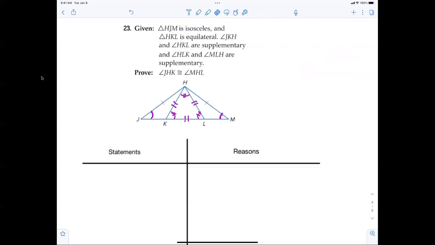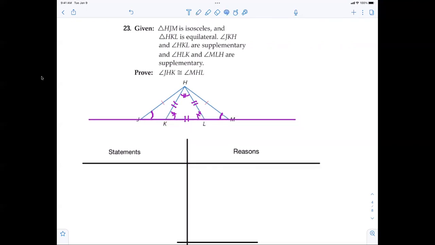JKH and HKL are supplementary. HLK and M. So they're just basically telling us, I would understand that to be a line. Does everybody agree with me on that? That's what they're trying to tell you, that those are lines right there.